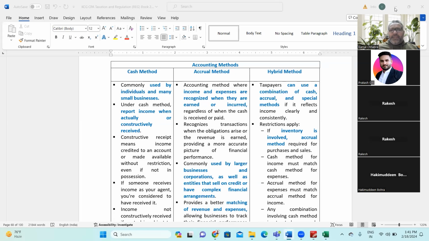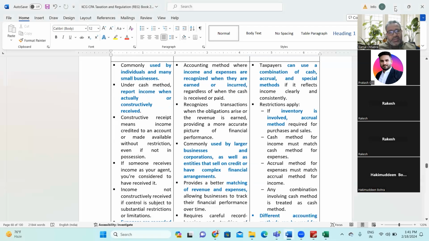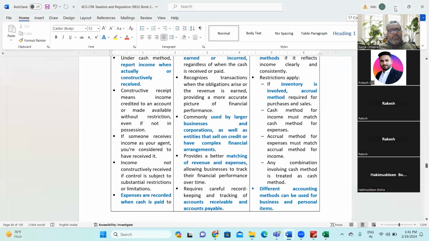On the left hand side, first let's quickly look at the cash method of accounting. It is commonly used by individuals and many small businesses. Under the cash method, you report the income when actually or constructively received. Constructively received means income credited to an account or made available without restriction, even if not in your possession.